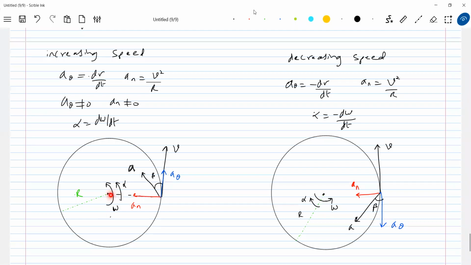Here alpha and omega will be out of the plane. Omega will be out of the plane, alpha will be into the plane. This is only the sense of rotation. For our convenience, we have brought it. This arrow is not the direction of omega. I'm making it clear. This arrow is not the direction of alpha. Omega will be into the plane, alpha will be out of the plane. So here I'll write it: omega will be out of the plane, alpha will be into the plane.